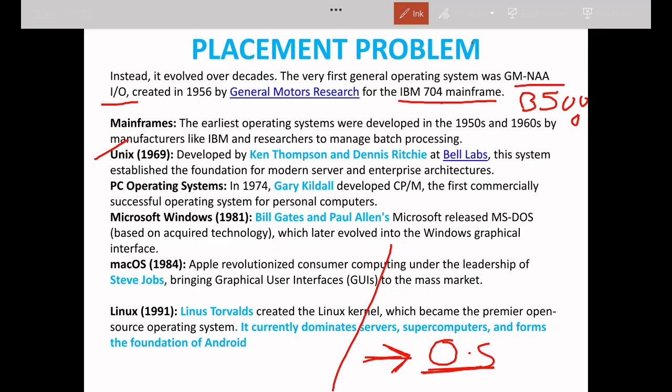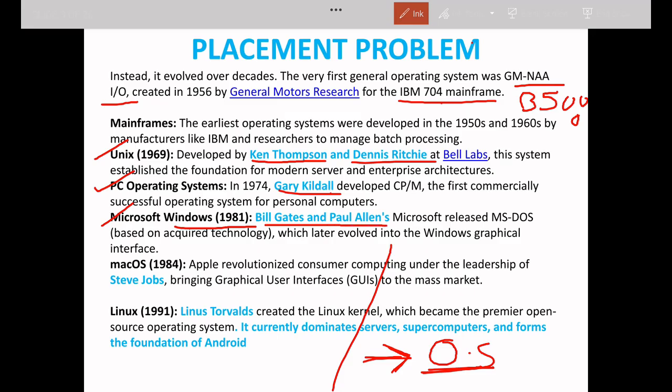After that, Unix came, developed in 1969 by Ken Thompson and Dennis Ritchie. After that, the personal computer operating system CP/M was developed by Gary Kildall. Similarly, Microsoft Windows in 1981 was developed by Bill Gates and Paul Allen.